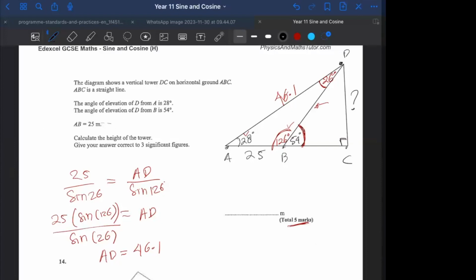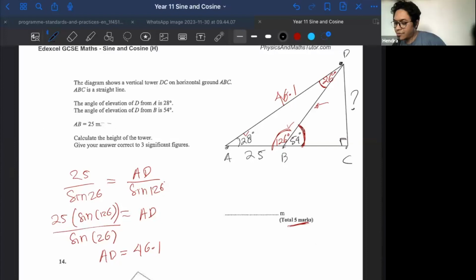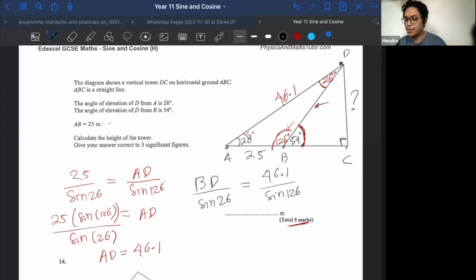Yes, and we can find this one the same way. So BD over sine 28 equals 25 over sine 26, which is easier.